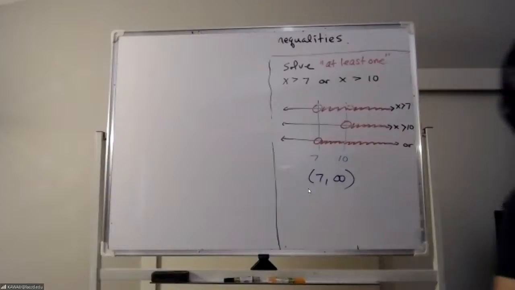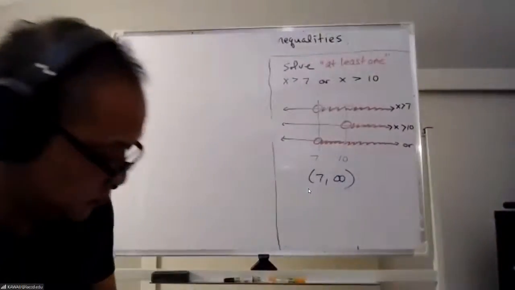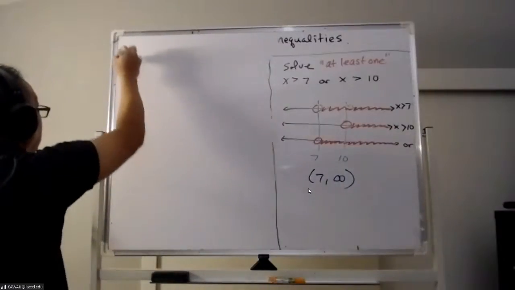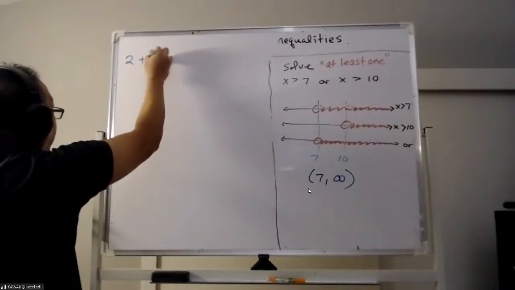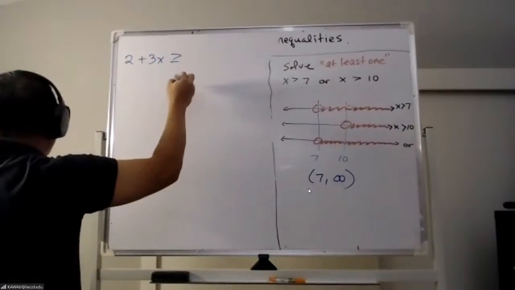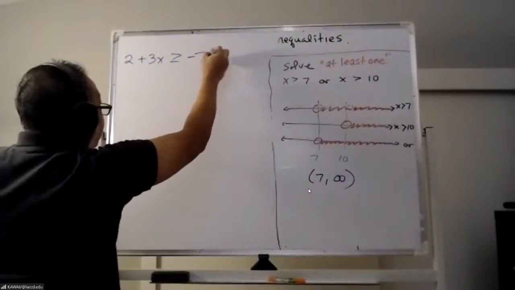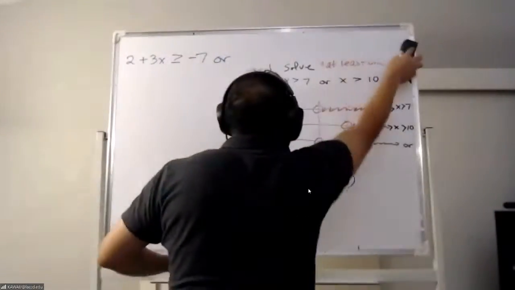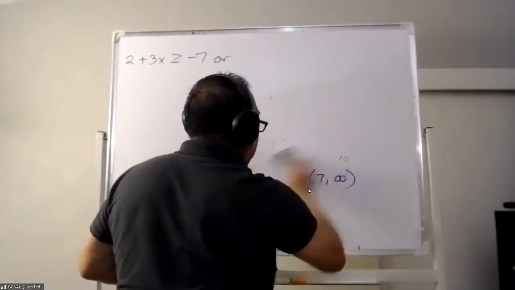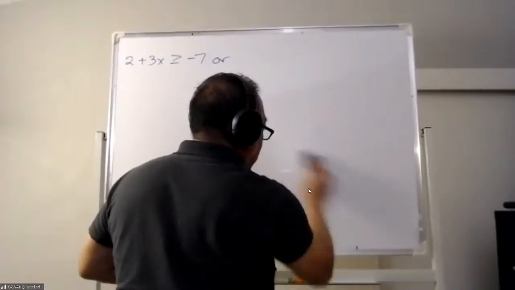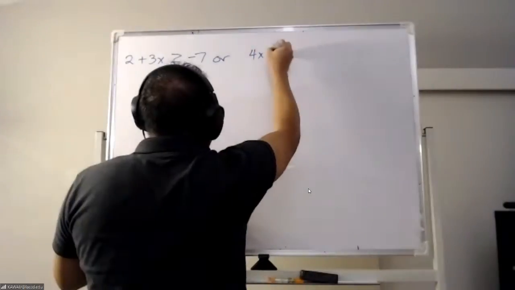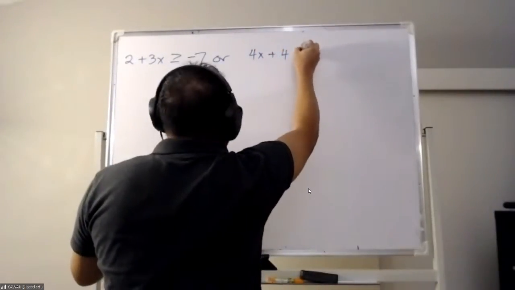Okay, so I see this question. Let me put the question up here. I have 2 plus 3x is greater than or equal to -7, or 4x plus 4 is greater than 12.